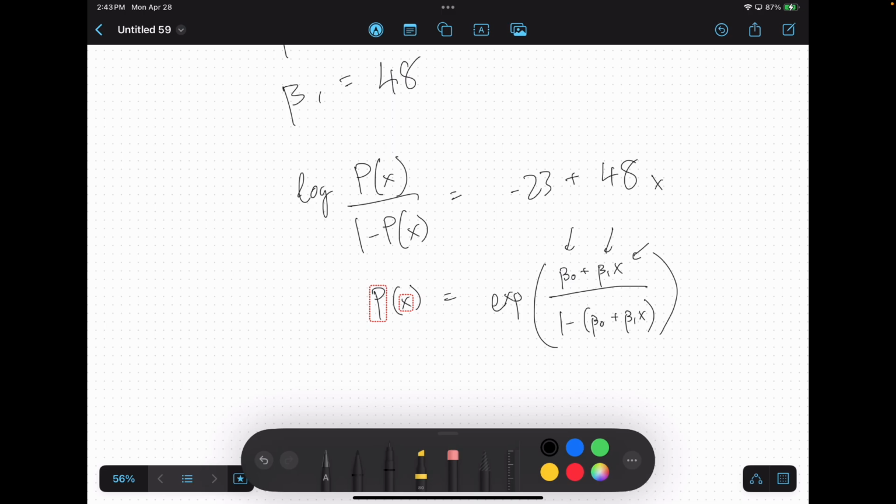Yeah, so the lesson here is that the interpretation of coefficients is less than straightforward for logistic regressions.